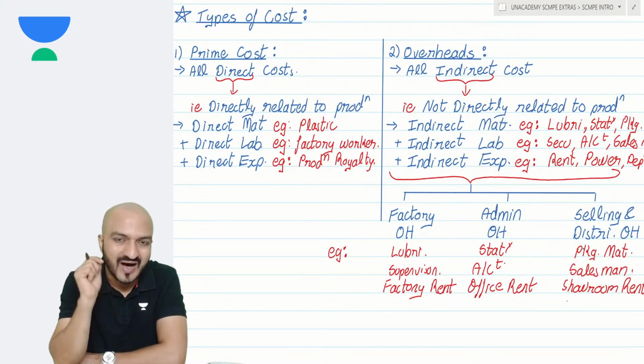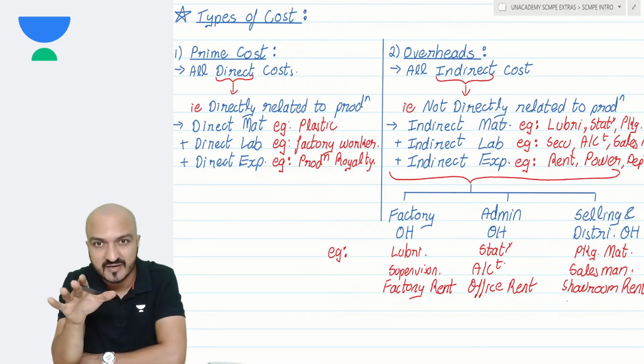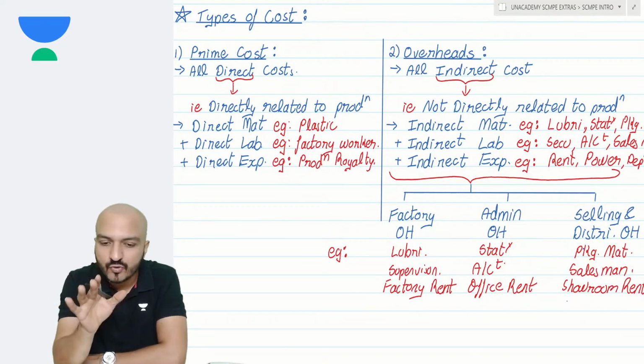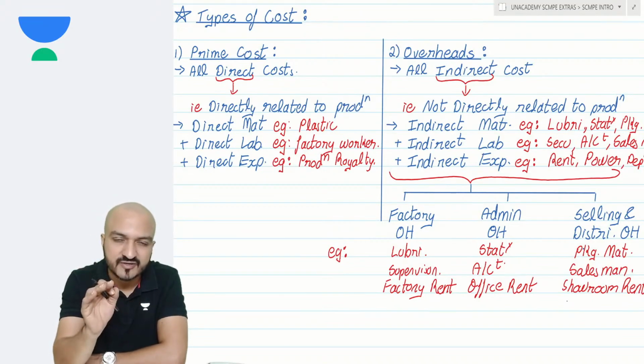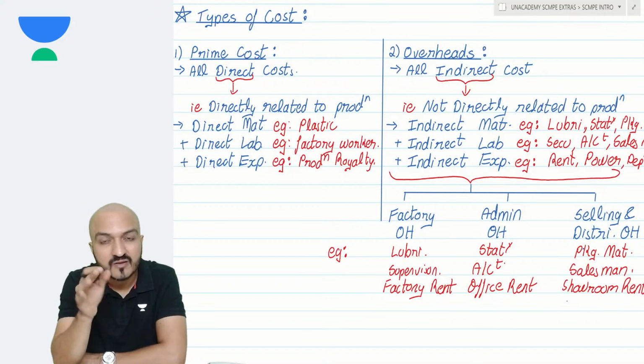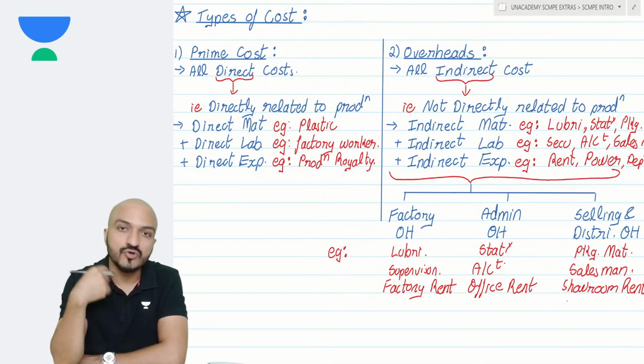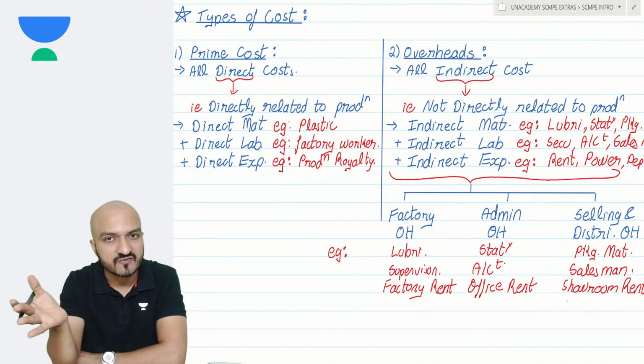They are never going to ask you what is cost sheet in the final exam. But the things that you learn in cost sheet are useful at various places in CA Final.